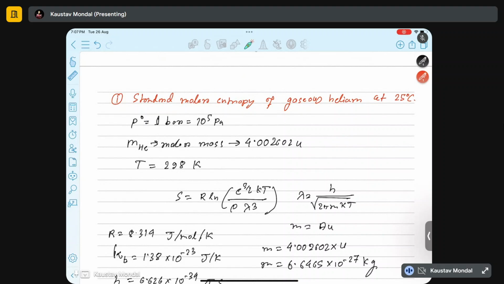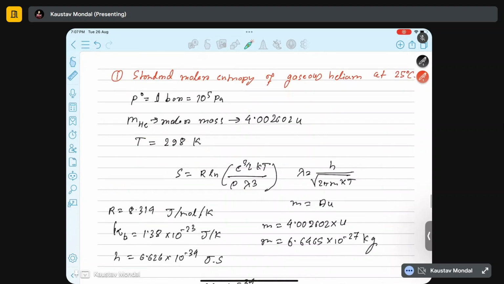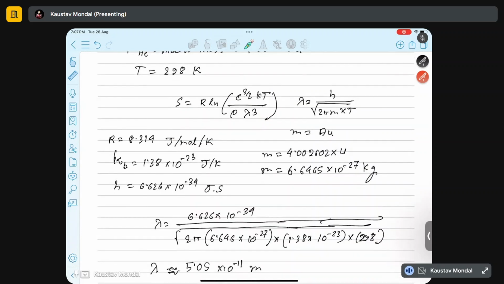Okay, so you have to use the second formula of this Sackur-Tetrode equation. In that expression, if you just substitute the values, a lot of constants are involved in the equation, so you have to first substitute the constants there. Next you have to substitute lambda, the thermal wavelength.